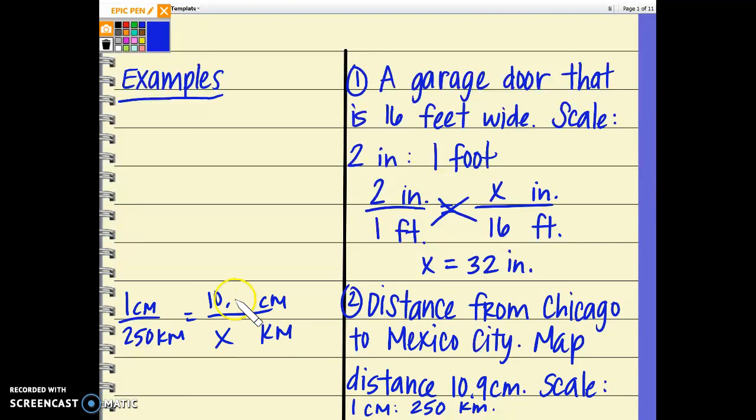We know that the map shows 10.9 centimeters. Alright, so we cross multiply. We have 1x, I'll just leave the 1 off because 1's invisible. That's equal to 250 times 10.9, which is 2,725 kilometers.